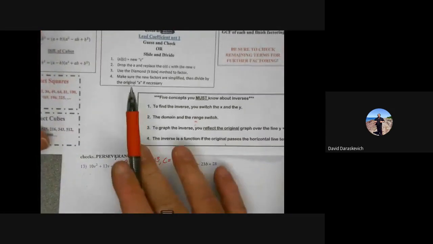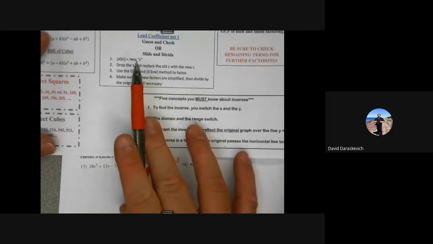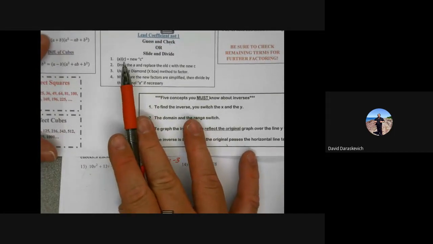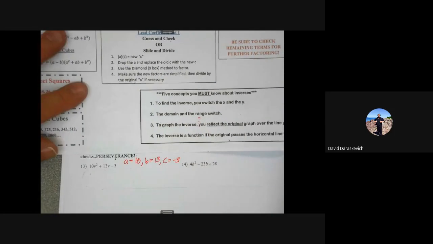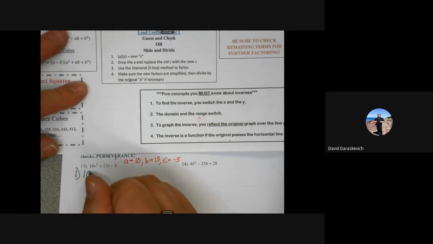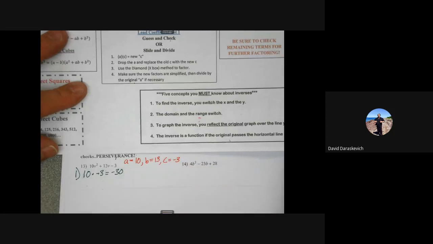Okay, so step one, take A times C. Step one, my A, 10, times C, negative 3, gives me negative 30. So that's my new C. Okay.